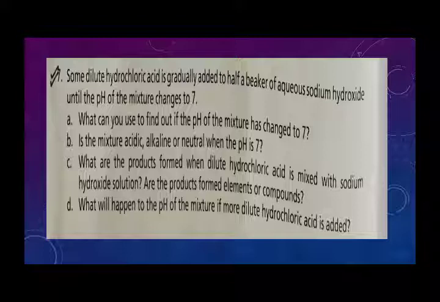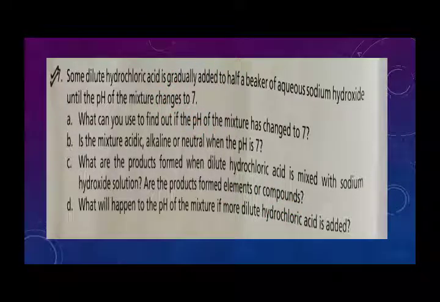Okay, let's move towards part D. What will happen to the pH of the mixture if more dilute hydrochloric acid is added? Now here the question is technical. They are saying that after the reaction in part C is completed and pH 7 is reached, we continuously add more and more acid to this solution.